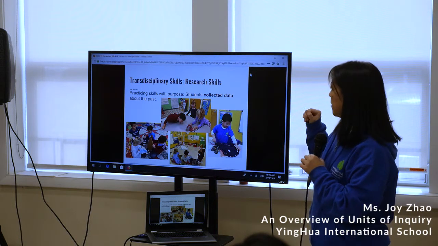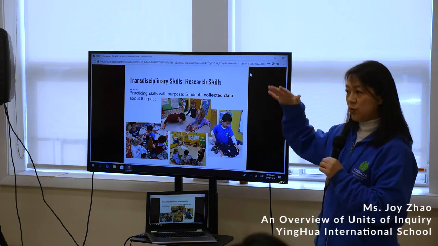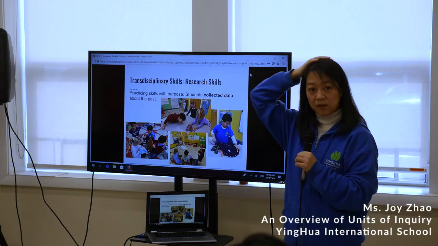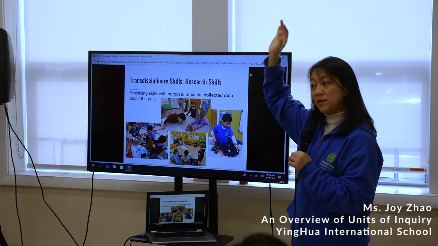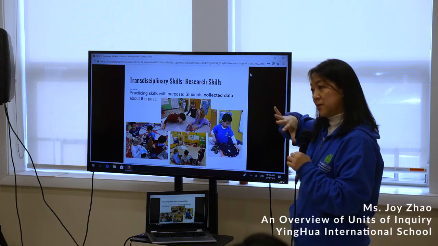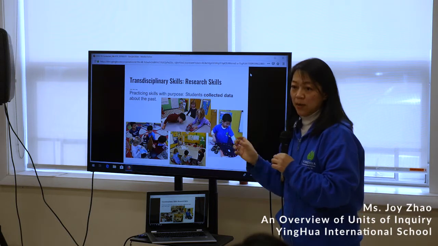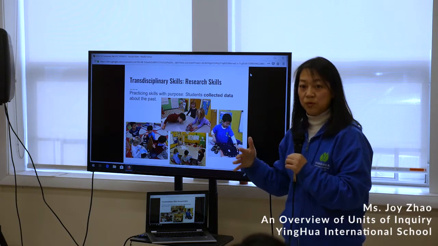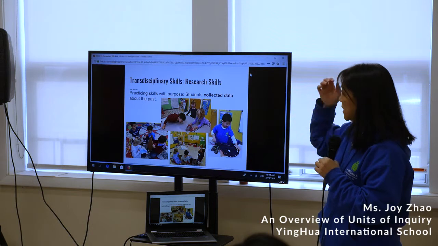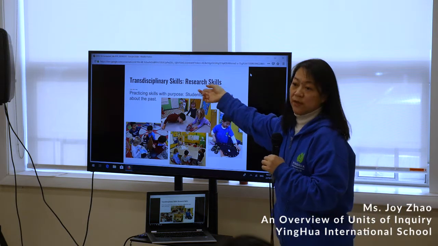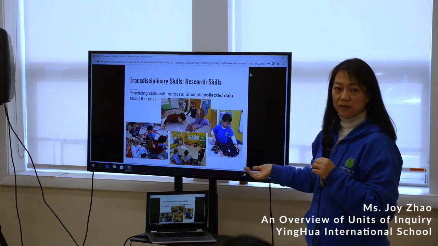So when teachers plan for these units, we identify key concepts that need to be learned or covered, what subject matters we connect to, and also several major skills that we want students to practice. So with this particular unit, they practice research skills, including data collection.